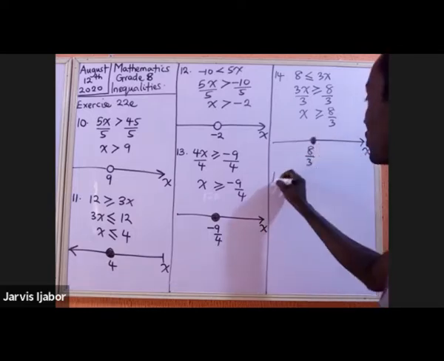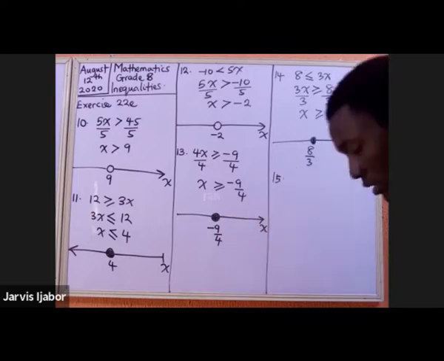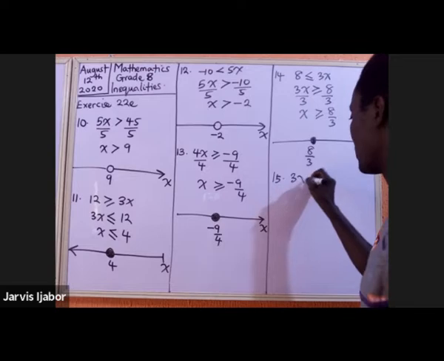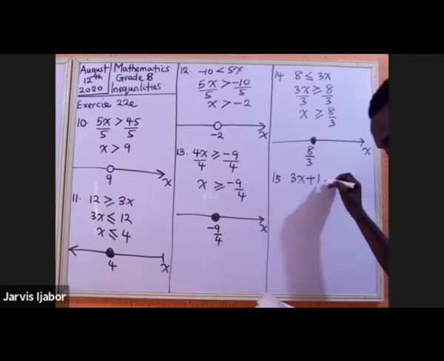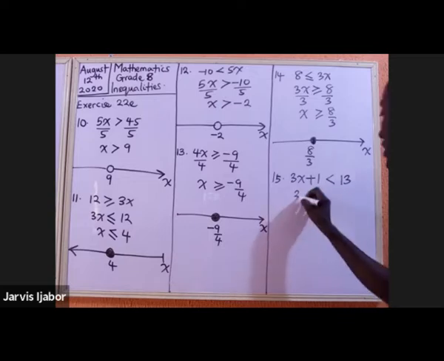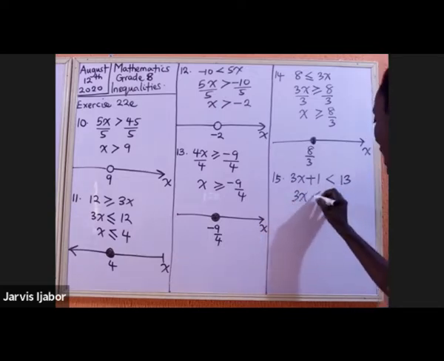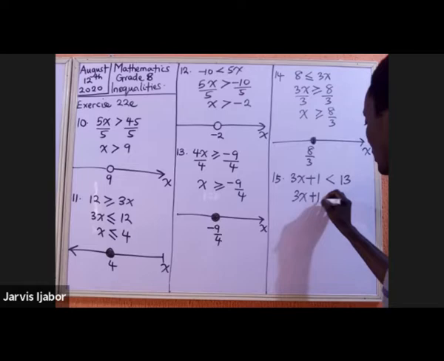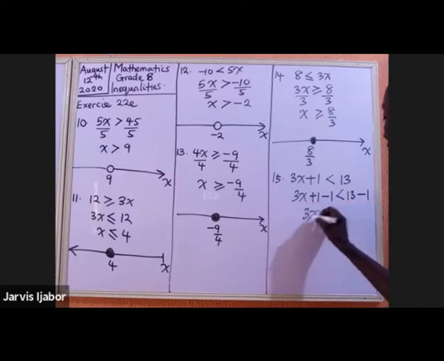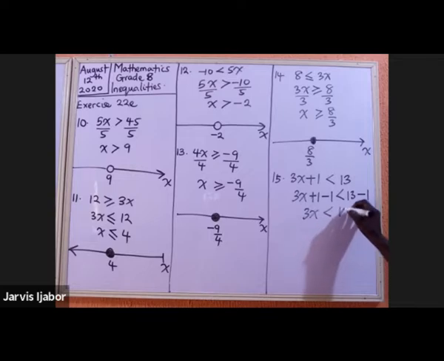So let's go to question 15. In question 15, we have that 3x plus 1 is less than 13. So what is that? It means 3x plus 1. You take 1 from both sides. I have that 3x will be less than 12.